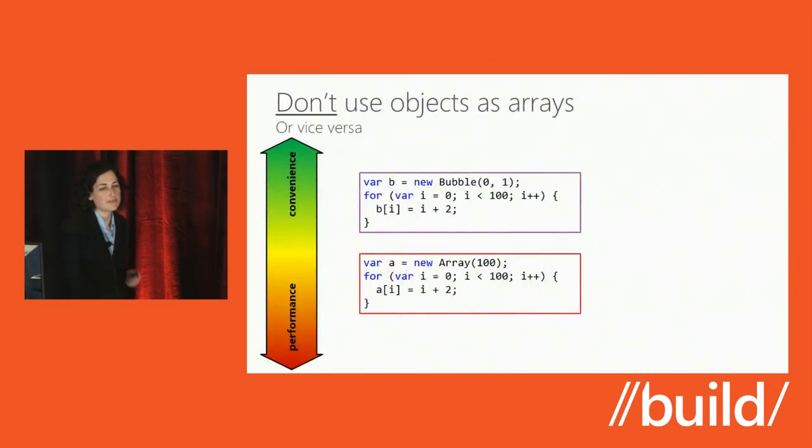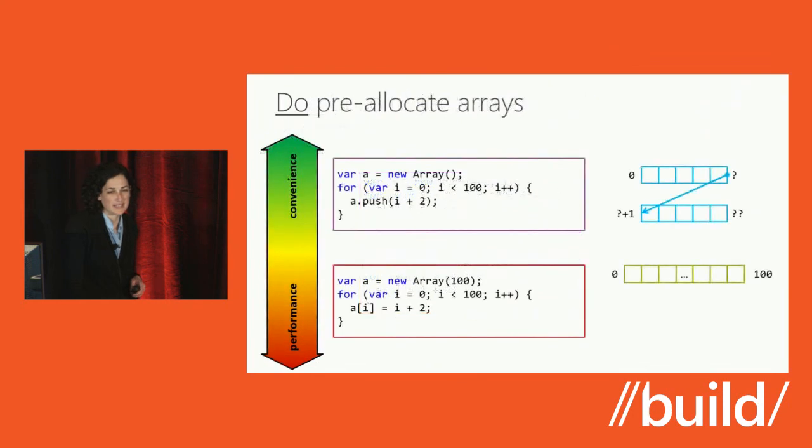Definitely don't use objects as arrays, or vice versa. This is definitely a slow and bad practice. Pre-allocate arrays. What this allows us to do is create everything on the stack. When you create arrays of unspecified size, we'll create a pointer to an object that's on the heap, but then we will also end up with an unspecified size.